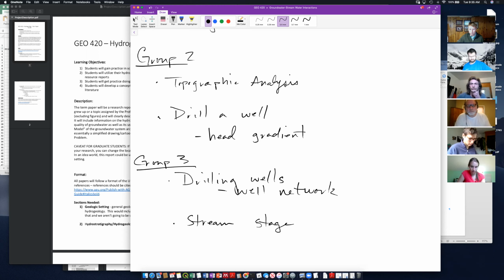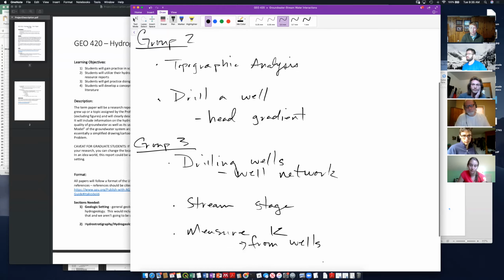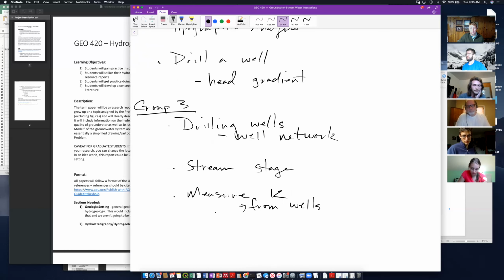You could also get hydraulic conductivity values from those wells by doing slug tests, and get porosity values from the sediment. Then you can determine flow velocity, and so you can tell how long the contaminant would take to get to the stream if it was entering the stream. Okay.